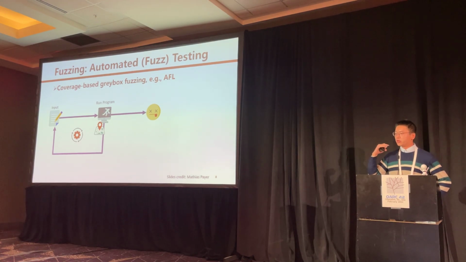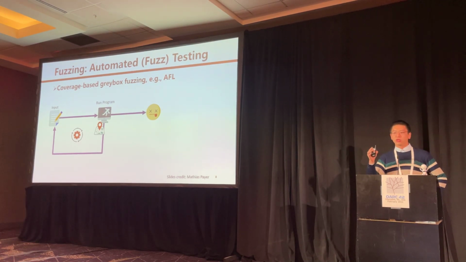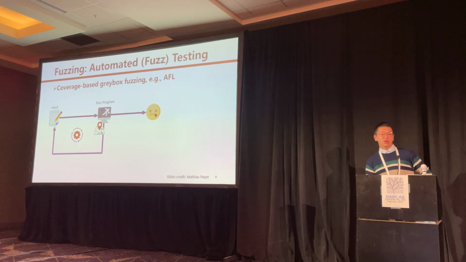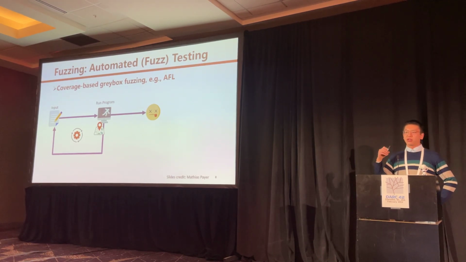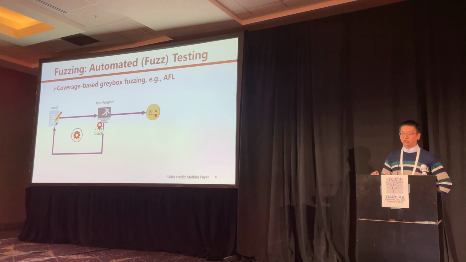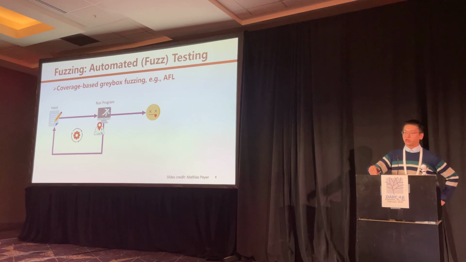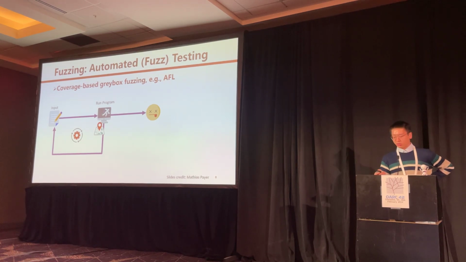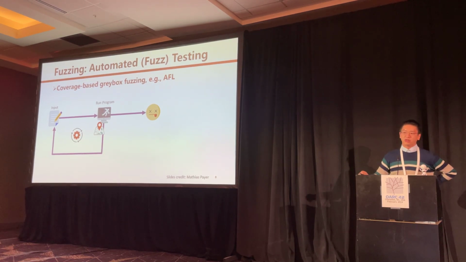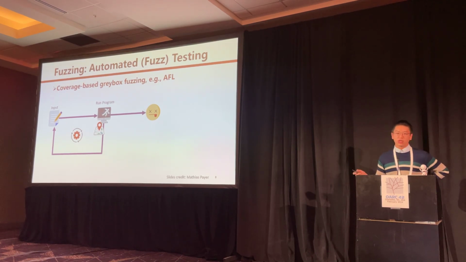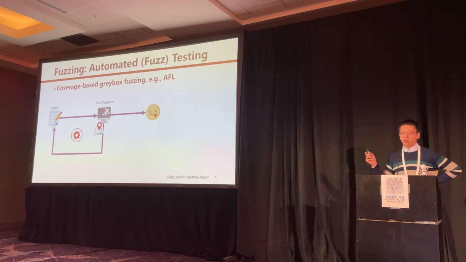This is a very good parameter to guide further randomization. Gray box means it is not completely a black box. You can see the logic or compile with some labels, as I mentioned before, to guide the fuzzing process. One very famous tool is American Fuzzy Lop, which is a tool developed by Google.